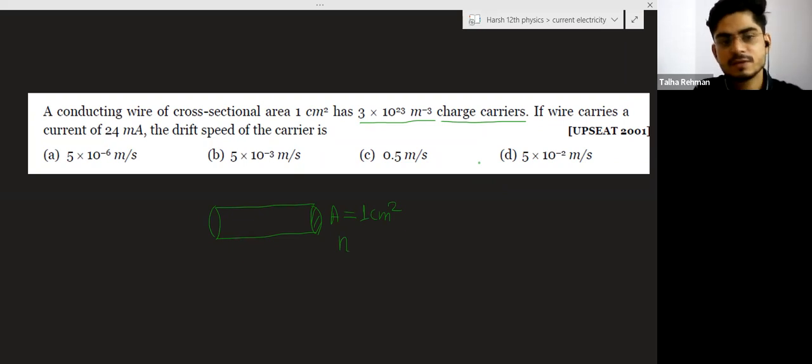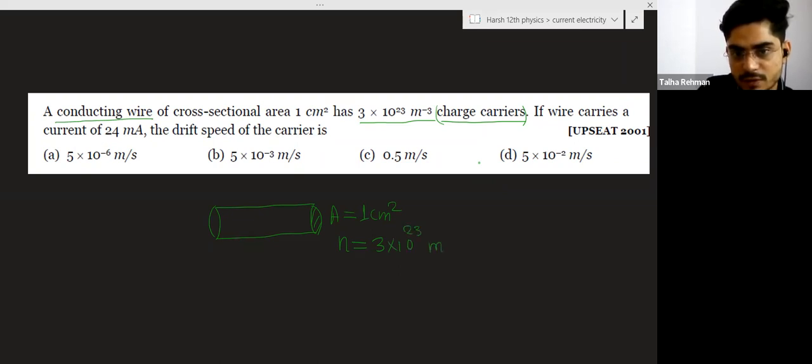In a conductor we have free electrons, so charge carriers are the free electrons in a conductor. So we will have n, small n is given. Number of electrons per unit volume is given as this, meter to the power minus 3.